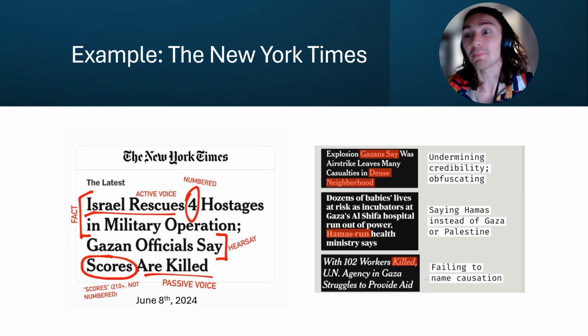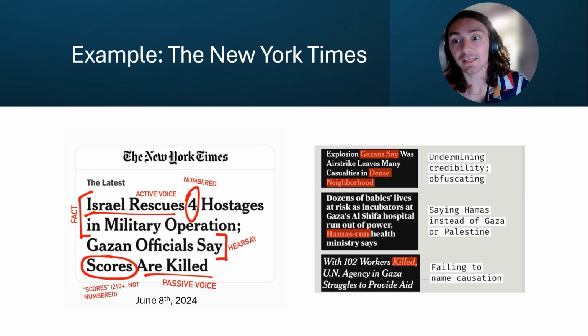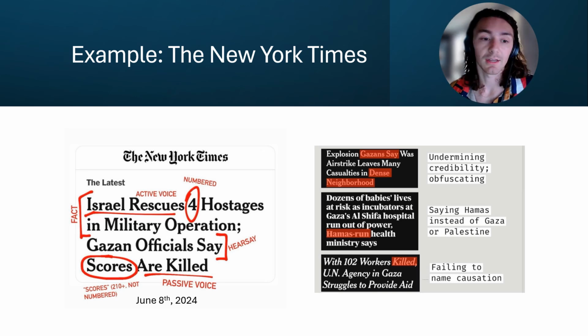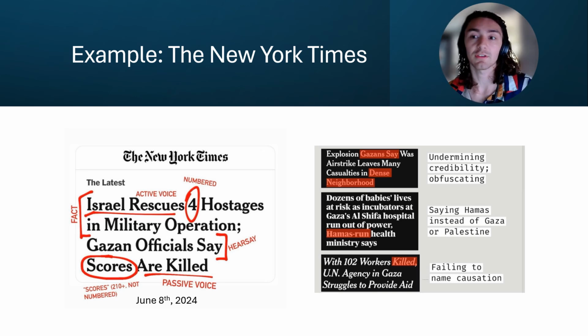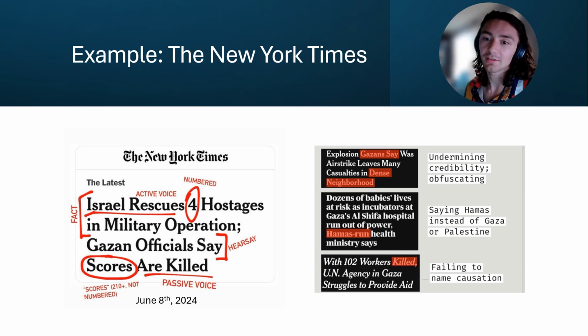That's making it sound like maybe it did happen, maybe it didn't. Are killed is not saying killed by Israel. This makes it sound like Israel is the good guys and Gazan officials just happen to be there. They just happen to be killed. You can see how this is problematic. You can see some more over here on the right side.